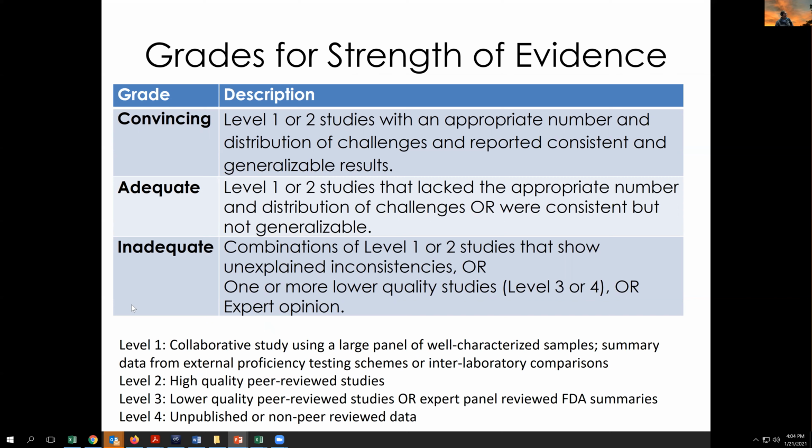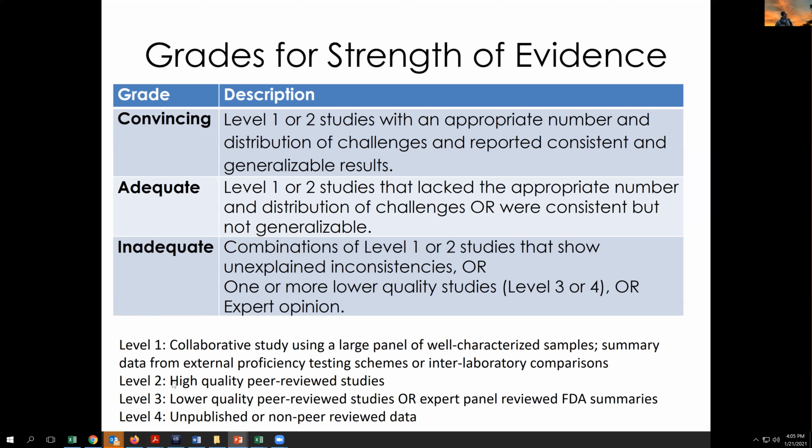And this involved classifying the study in terms of its level. So level 1 studies were the best studies, and those were those that included a large panel, well-characterized samples, and had summary data from external proficiency testing schemes or from interlaboratory comparisons. So this is a very public, open standard with well-characterized standards.